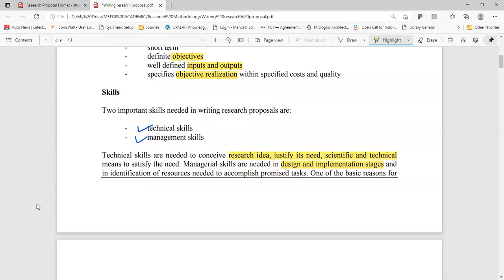And particularly a very important one, that is identification of resources. Otherwise, you buy one software. Let us say you have got the grant. Are you listening to me? Yes, sir. So let us say you have received the fund for the project.